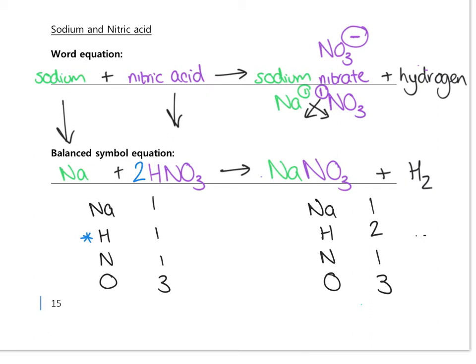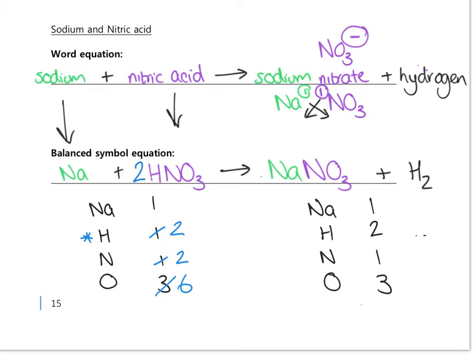So what that 2 does is it multiplies everything in the formula by 2. So I need to change the list for everything it affects. I've now got 2 times my 1 hydrogen, which is 2. 2 times my 1 nitrogen, which is also 2. And then 2 times my 3 oxygen, which is 6. So I've fixed my hydrogens, but I've actually created a problem with my nitrogens and my oxygens.